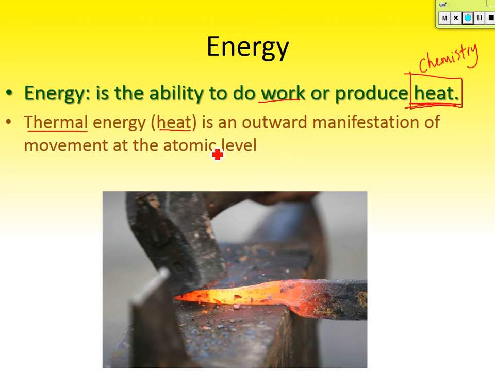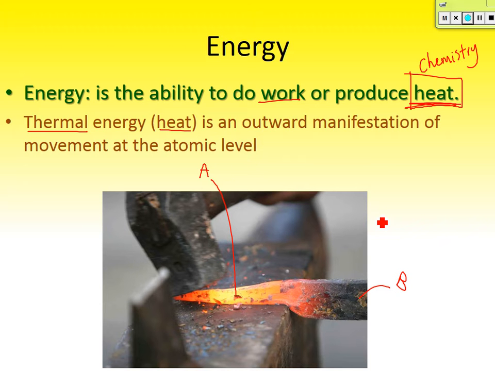So to illustrate this point, I've got a picture down here. If I call this point A, right here, and this point B, and I ask you, at which point, A or B, are the atoms in that metal stake moving the fastest? What would you say?